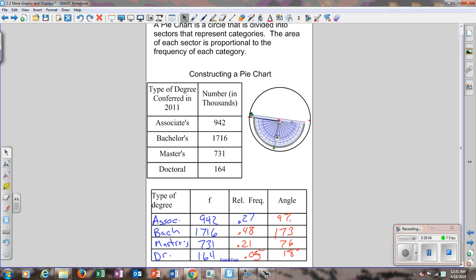Would you go 97 degrees? Be like there. Draw a dot. Draw a line from your home to there. Then from there you would go 76 degrees.